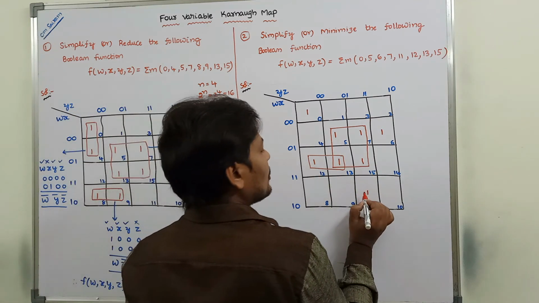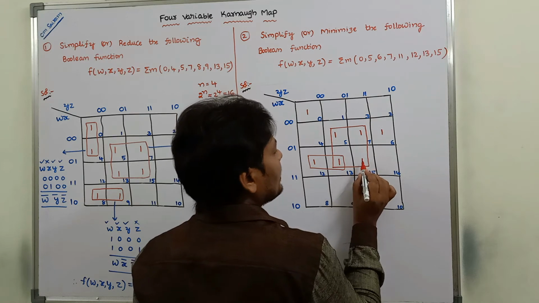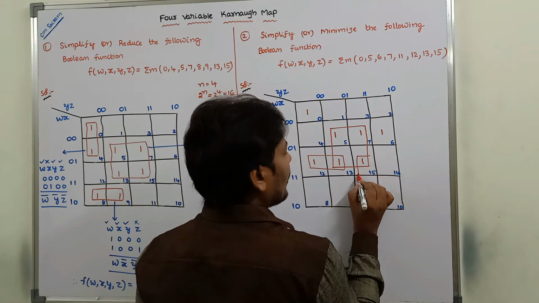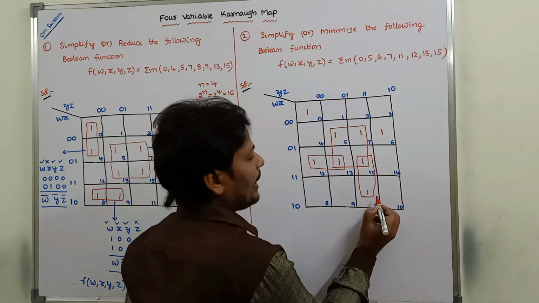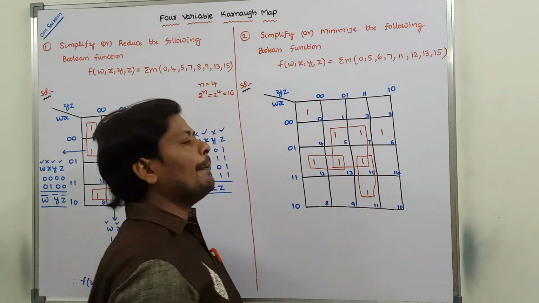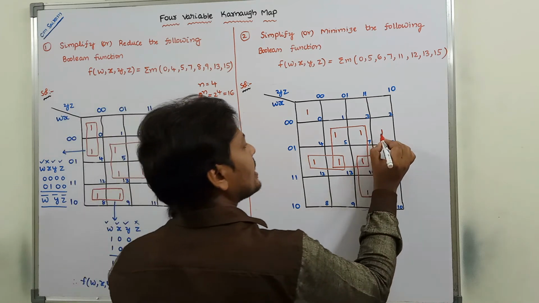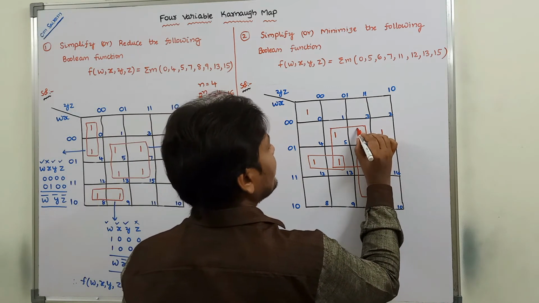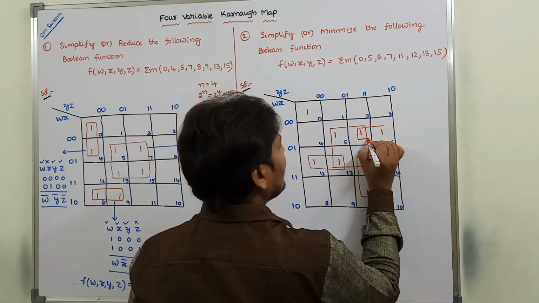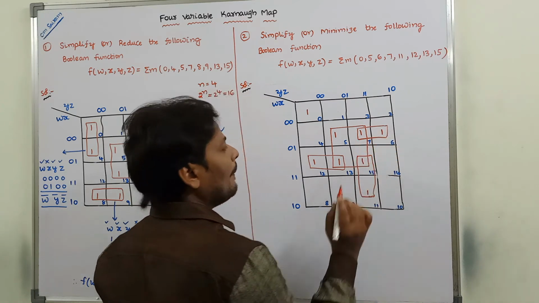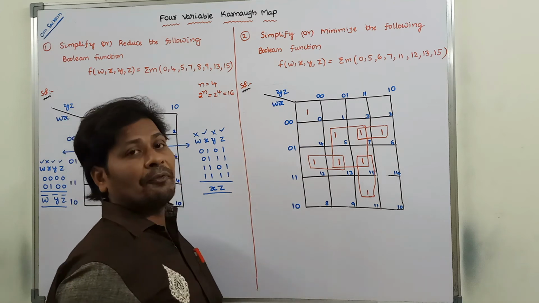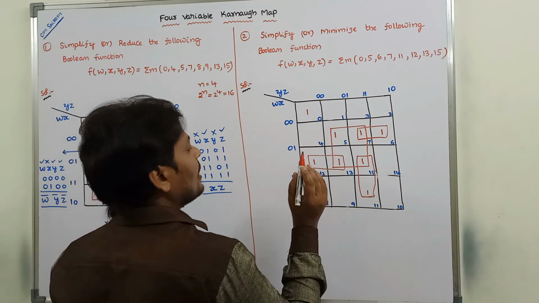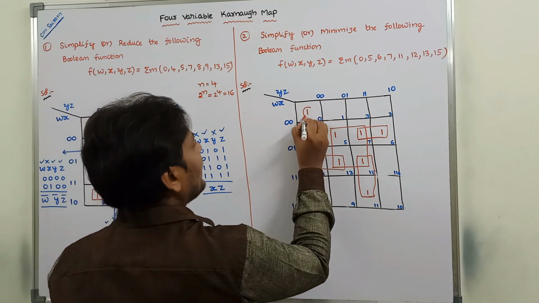Next, this one can be combined with this one in the quad, so they can be formed as a pair. Next, this one can be combined with this one in the quad, they can be formed as a pair. But this one and this one cannot be formed as a pair, so this is only an individual one.